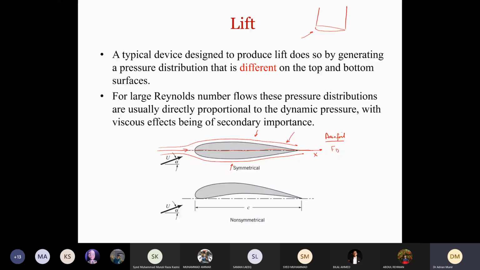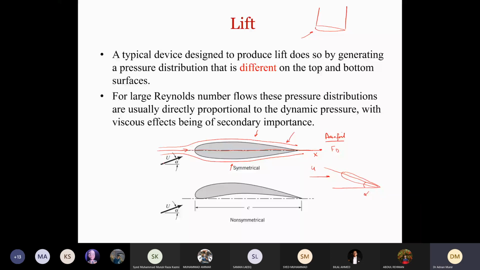Now there are two ways of increasing the angle of attack. If we increase the angle of attack like this, this is angle of attack alpha, this is incoming flow u. So we are increasing the angle of attack. This is the same as saying that the aerofoil is stationary, along the x-axis, and we are changing the incoming flow.